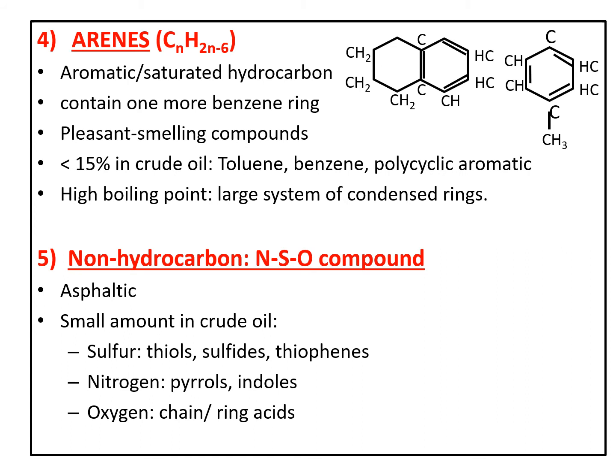For example, sulfur comes from thiols, sulfides, and thiophenes, while the major nitrogen compounds are pyrroles and indoles, and oxygen you may find in chain or ring acids.